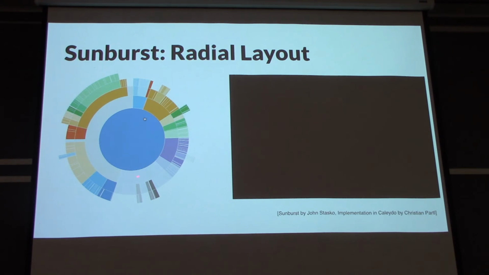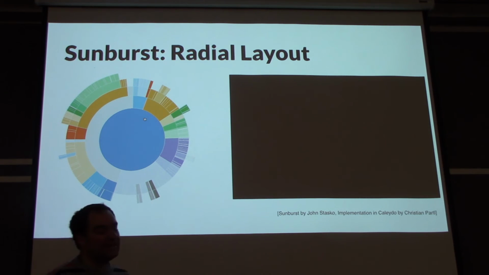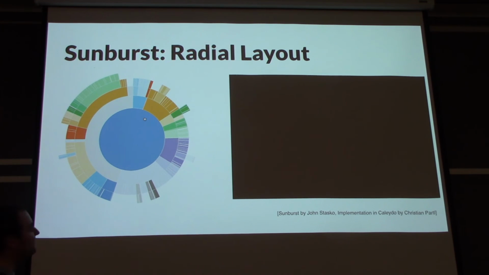This segment here is not a child of it, and the angle tells you the size of the sum of all its leaves. So the difference between this radial layout and the tree map is that I can get a better idea of how big the segments are. I know immediately this one here is my biggest folder. I don't have to look at the individual files. So I personally like this one a lot.